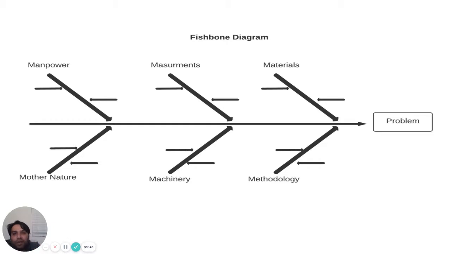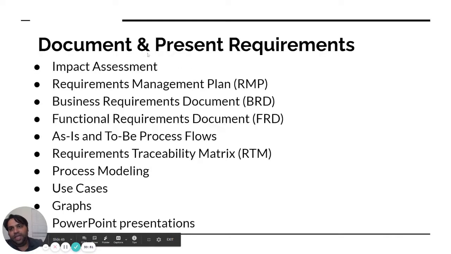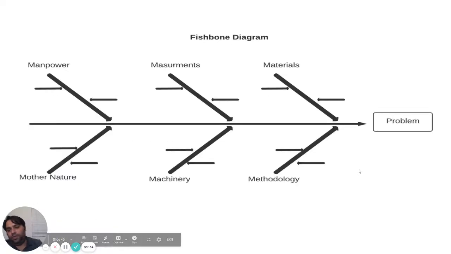Because of that, the problem occurs, so everybody will figure out why it is happening, and each bone over here is called a bone. This is the spinal cord, the central line is the spinal cord, and this is the bone, right? Fishbone. So each bone represents the factors why it is happening and how it will affect the problem.